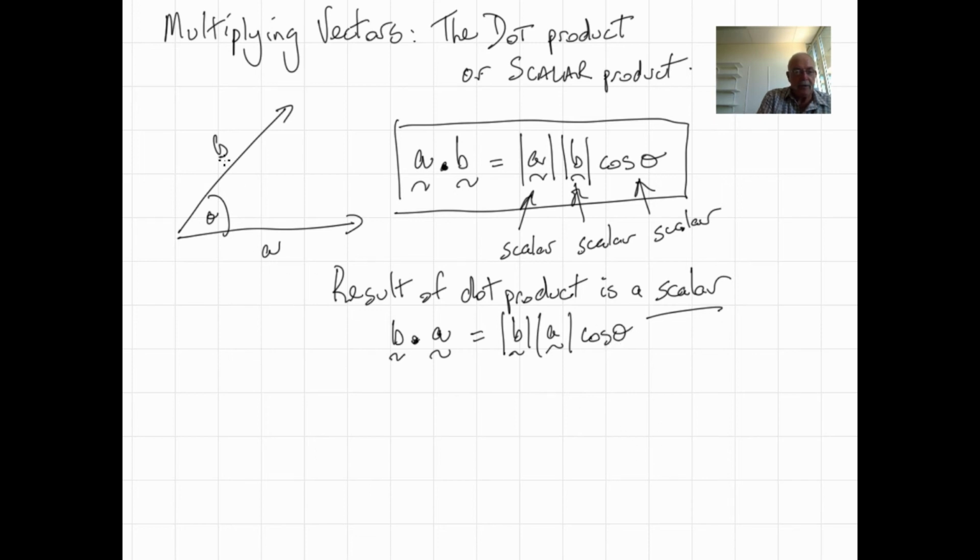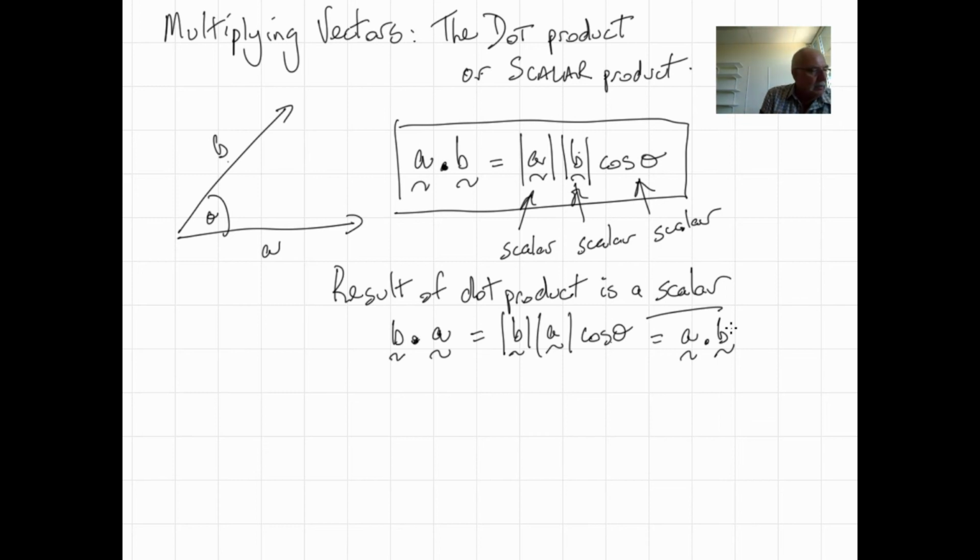So if I did B dotted with A, we get that, which that'll be the same as that. A will be the same as that A and cos theta. So that'll be equal to A dotted with B. So B dotted with A is the same as A dotted with B.